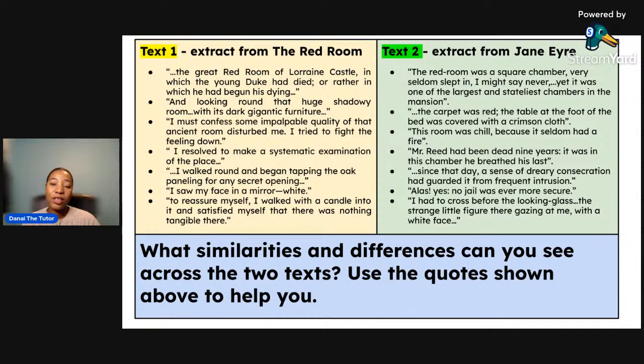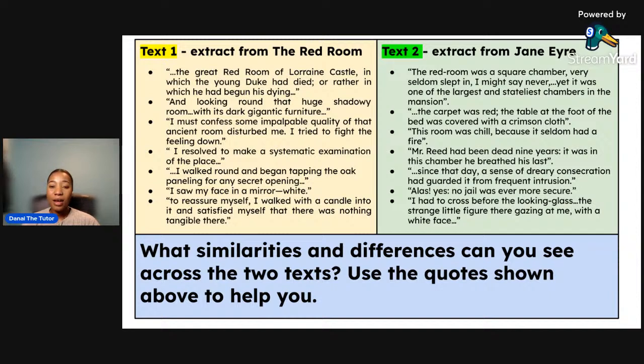Like I said, for this question, you want to have at least four paragraphs. Aim for two similarities and two differences, because when you're comparing, that's what you're looking at: similarities and differences. So, to practice that element, I want you to tell me what similarities and differences you can see across the two texts using the quotes shown on the screen.